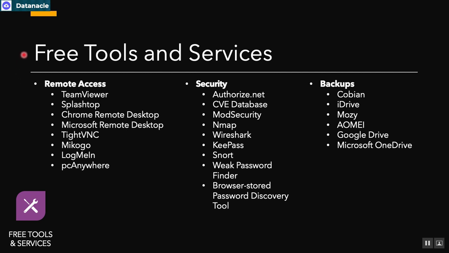Then there's some that I've used before, like Microsoft Remote Desktop and TeamViewer, that work very well. And for example, that's for remote access, by the way. And then as for security, we talked about earlier, you definitely want to make sure you're tracking and monitoring your systems for things like weak passwords or network intrusions, and making sure that your systems and your networks are protected.